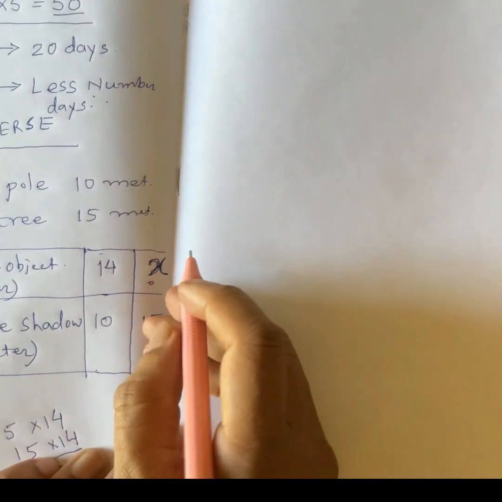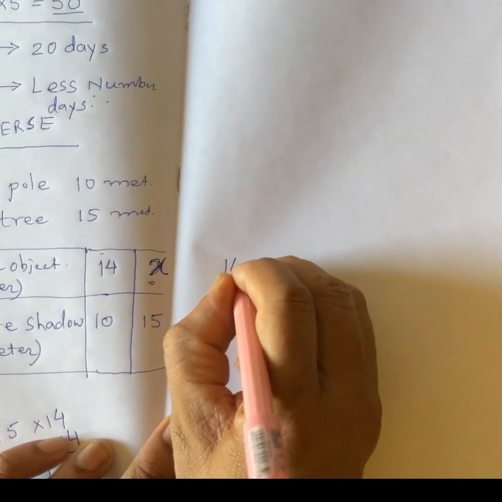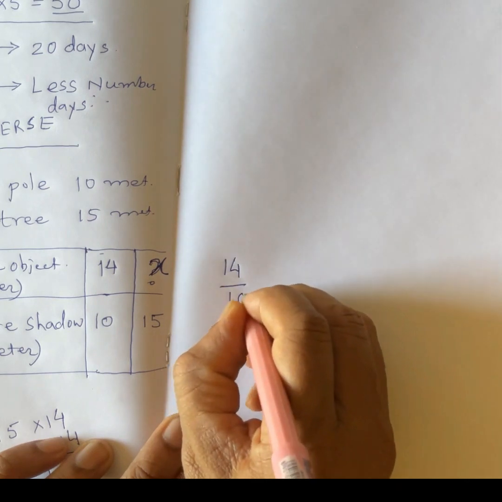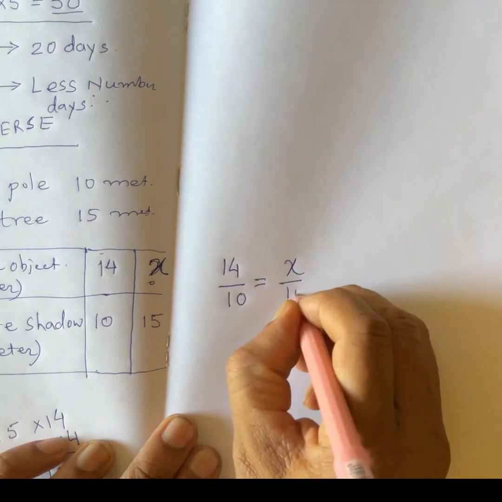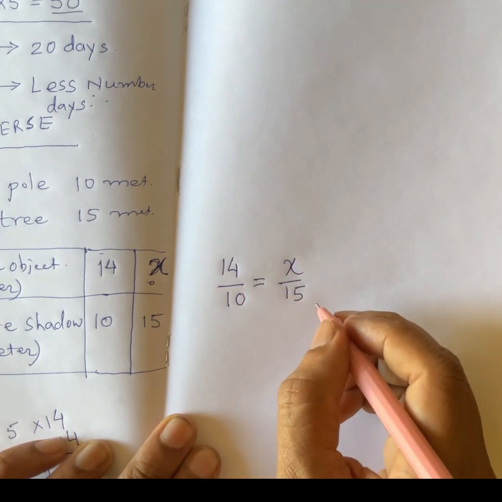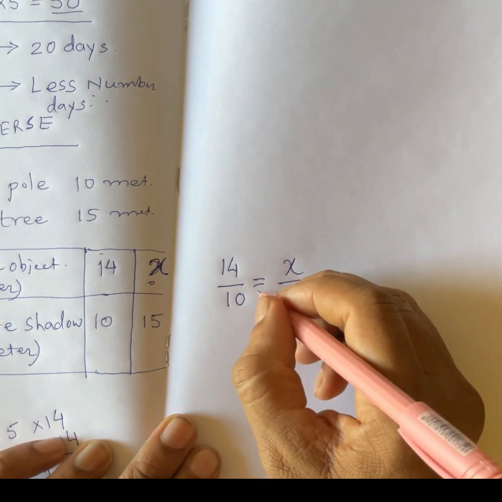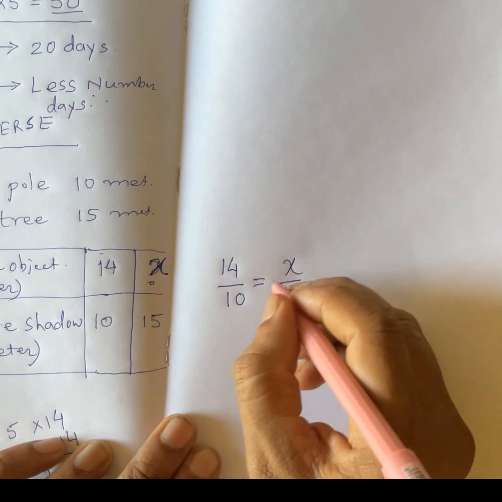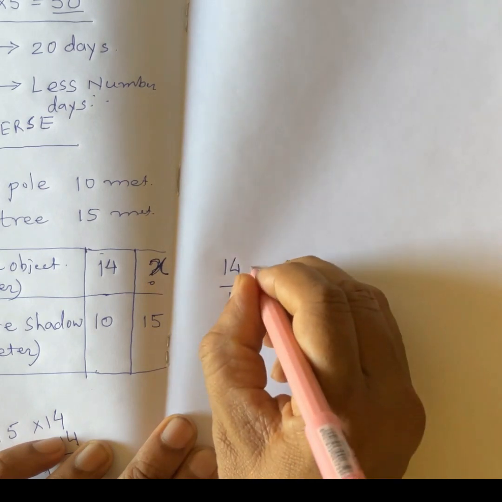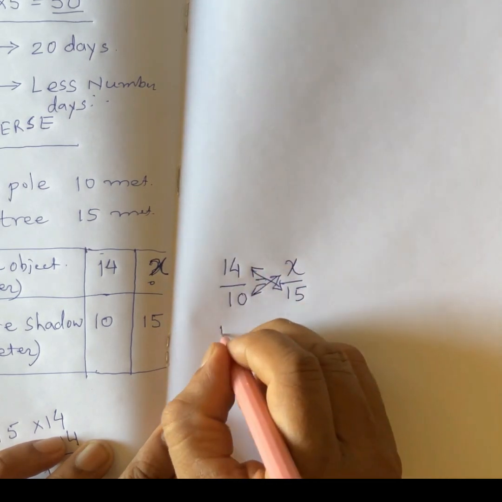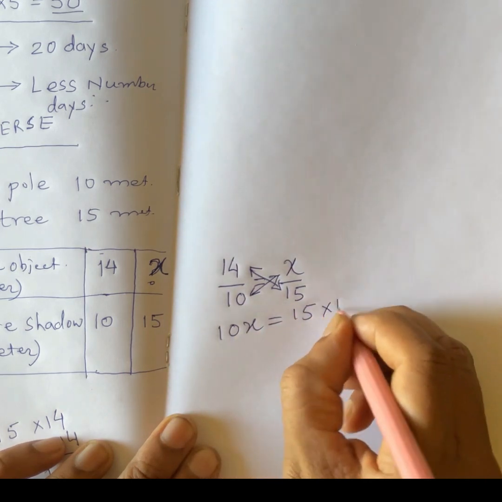To solve this problem, you write it as it is, in numerator and denominator format. So 14 by 10 equals x by 15. How to solve this? You do the cross multiplication: 10x equals 15 into 14.